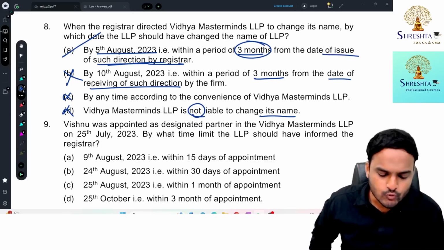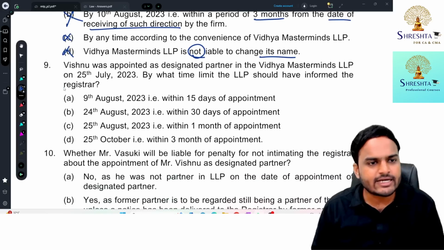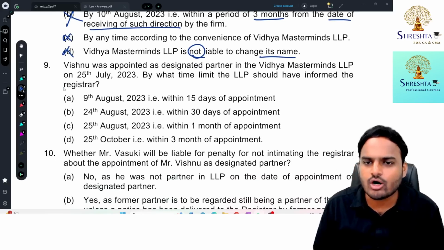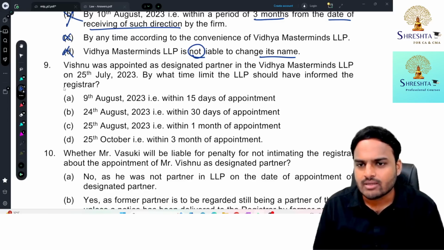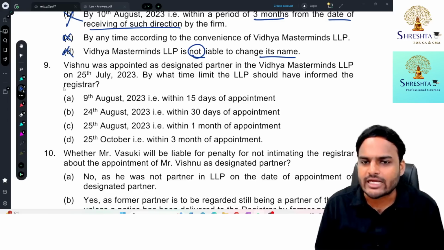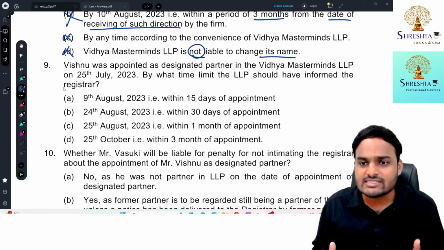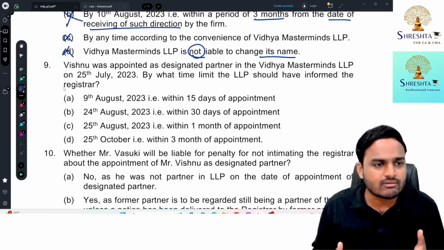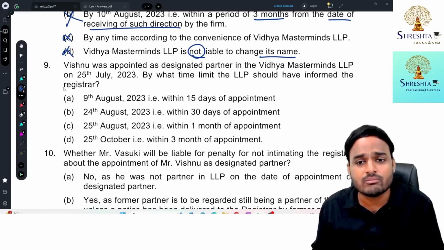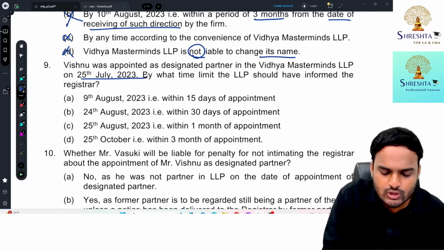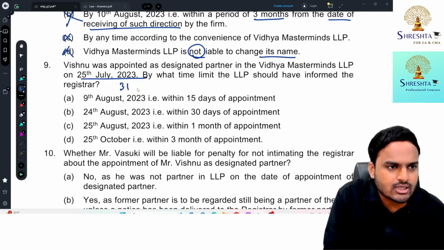Next, 9th MCQ. Vishnu was appointed as designated partner in Vidya Masterminds LLP on 25th July 2023. By what time limit should the LLP have informed the registrar? 30 days. Within 30 days of consent from the designated partner and appointment of the designated partner, LLP has to inform registrar. So 25th July. In July, total 31 days are there.